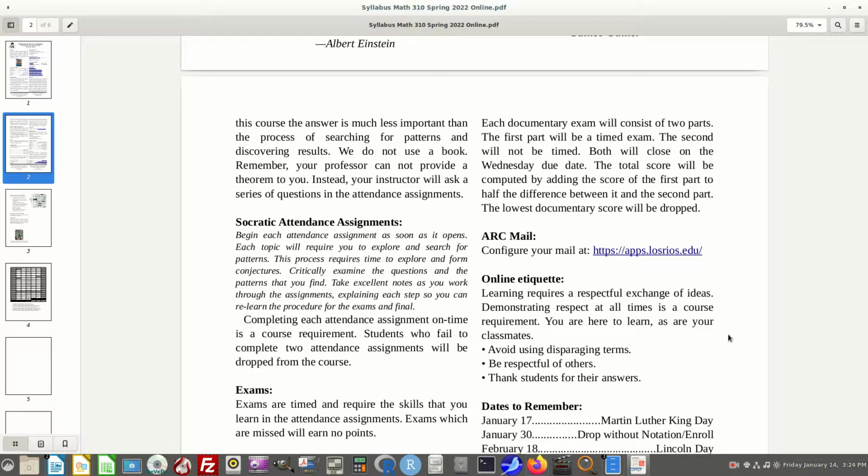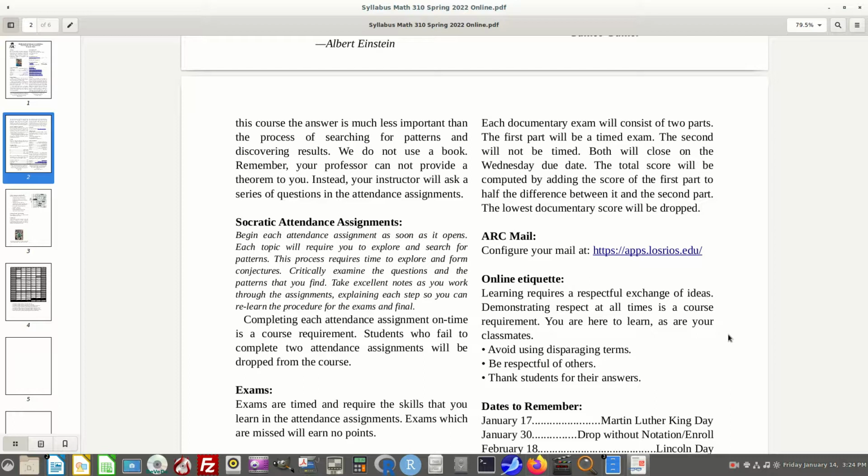That gives you plenty of time to work through them. Each topic will require you to explore and search for patterns. This process requires time to explore and form conjectures. Conjectures are basically good guesses based on the evidence that you have. Critically examine the questions and the patterns you find. I may be leading you somewhere you don't want to go.